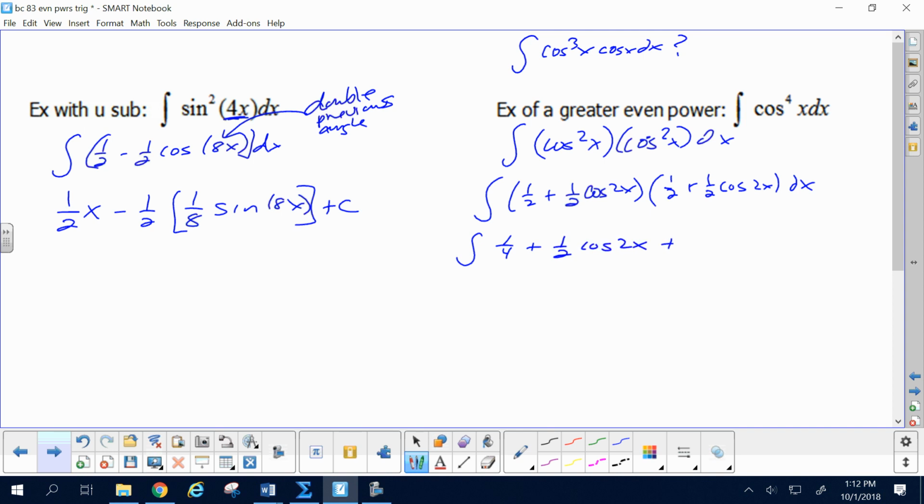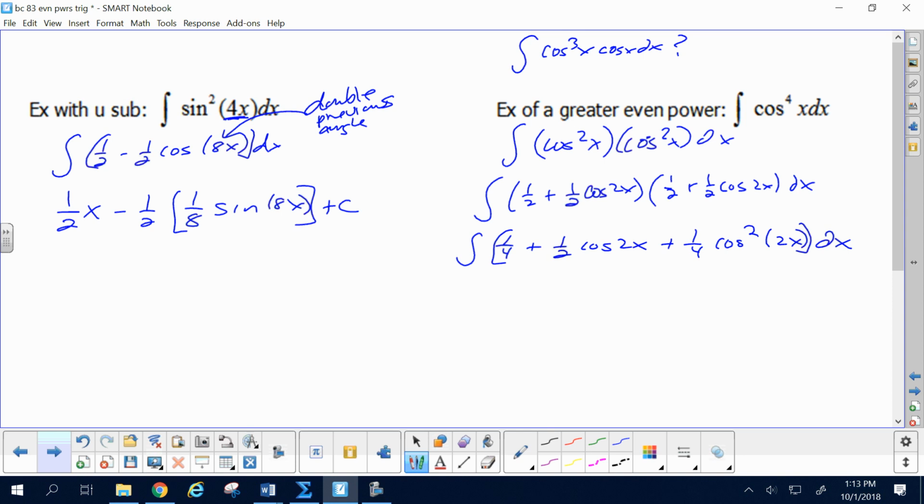And then the dreadful term is the 1/4 cosine squared of 2x. And that, you might see, will mean I'll reduce it again. All right?